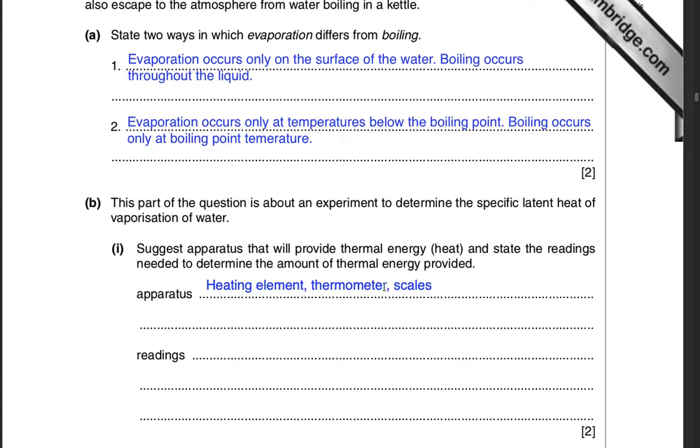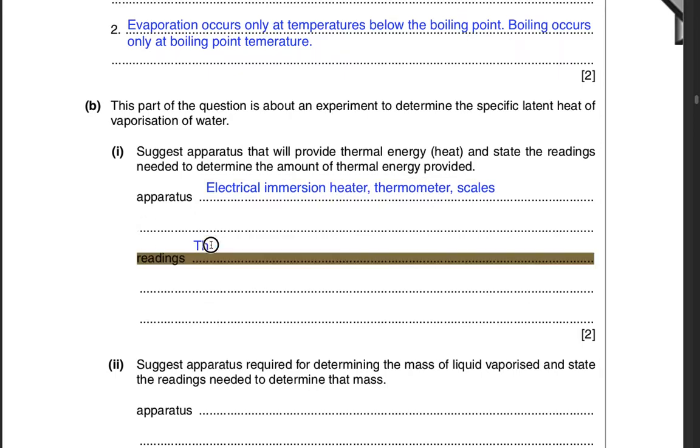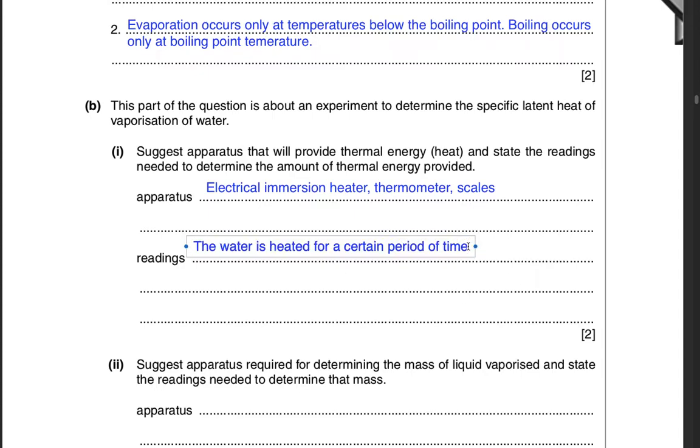So readings: the mass, heating element, or you could say electrical immersion heater.